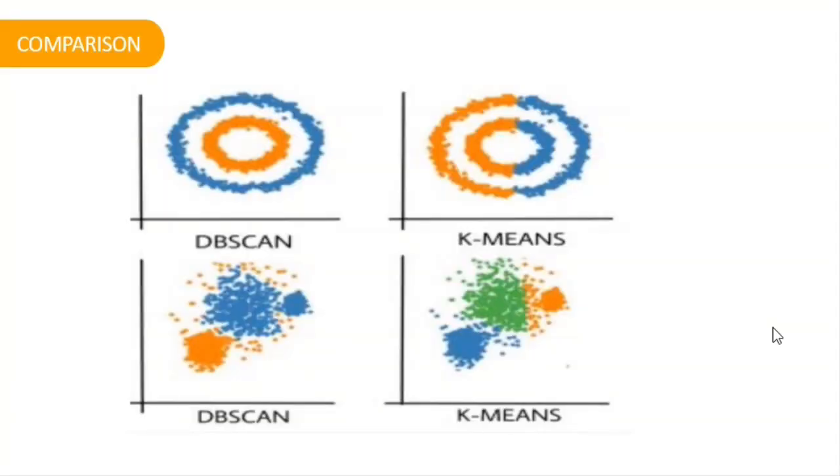Moreover, when we compare DBSCAN with k-means, then you can clearly see the upper hand of DBSCAN. It overcomes the drawbacks of k-means. Let us suppose we are having a dataset in this form. Then you can see DBSCAN gives a logical clustering of our dataset. Whereas when you apply k-means, you can see that it is something illogical.